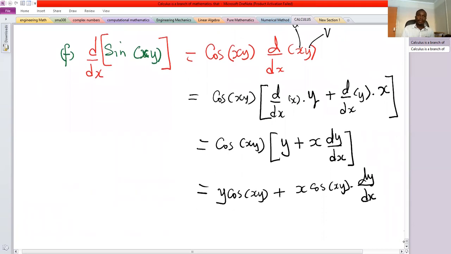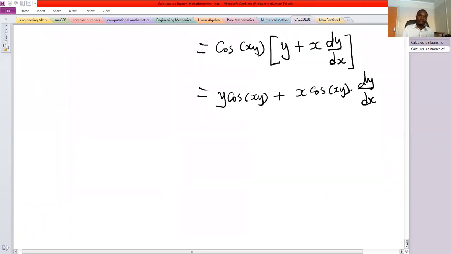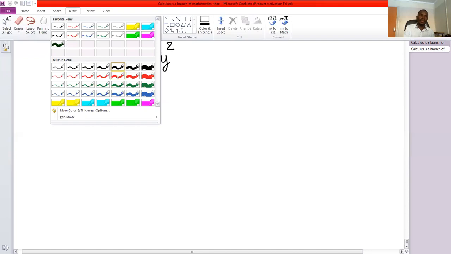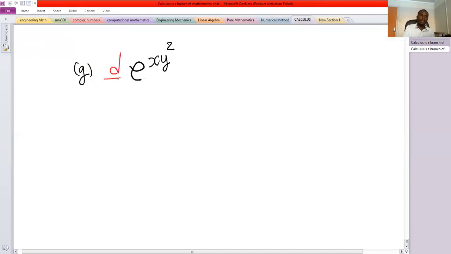And g, we have e raised to the power x y squared. So the interest is to find d/dx of this function.